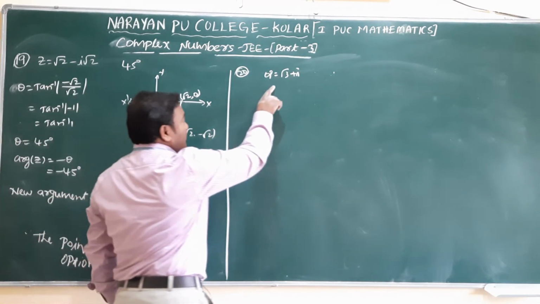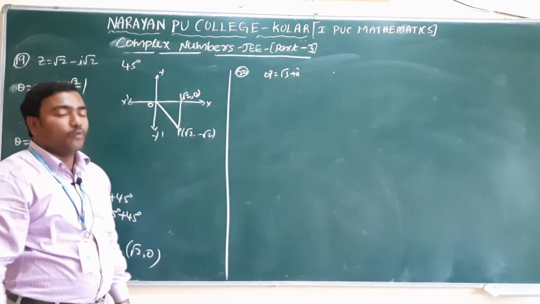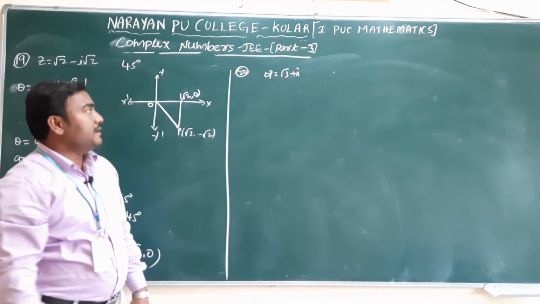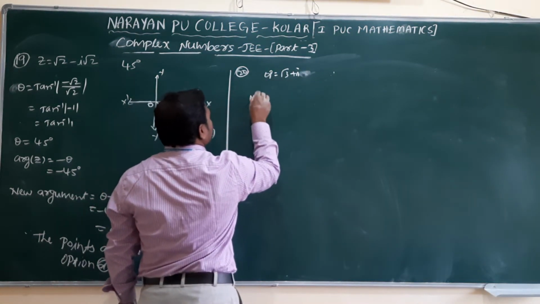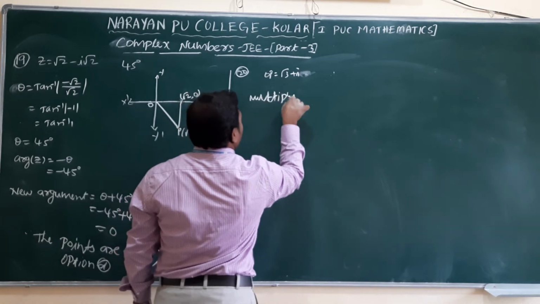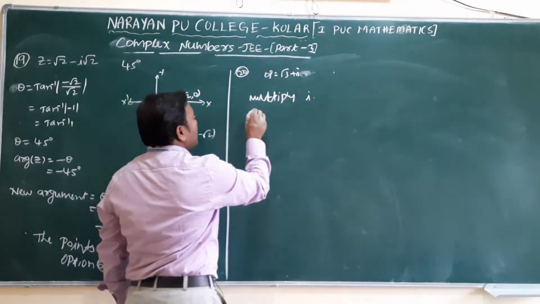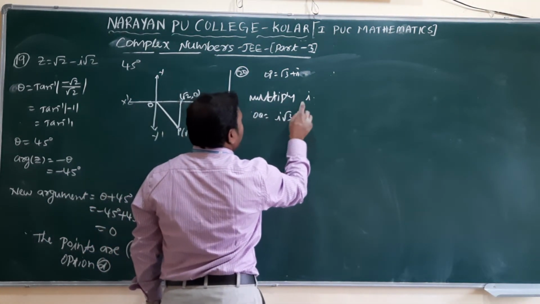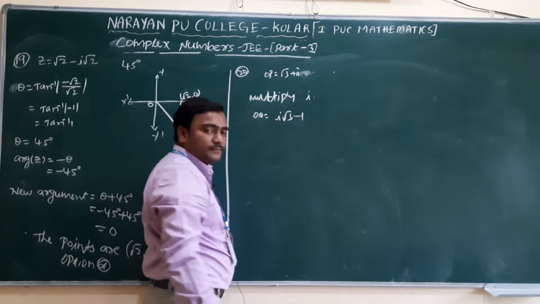Here we have to multiply OP by i and minus i, and we get OQ. Multiplying i with OP, OQ is equal to i root 3 plus i square, which gives minus 1.